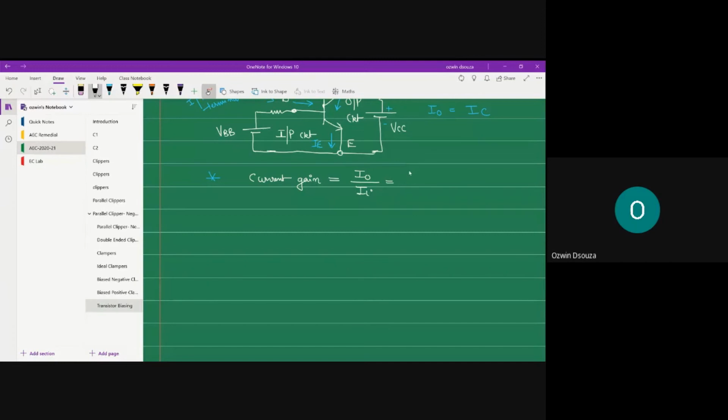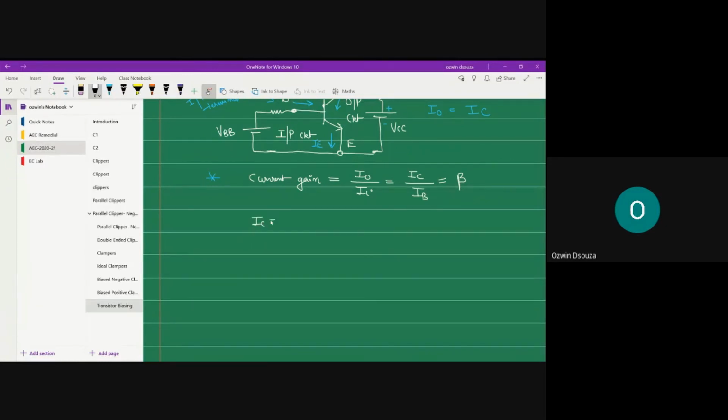The output current is the collector current and the input current is the base current, which is equal to IC by IB, and that is taken as beta.